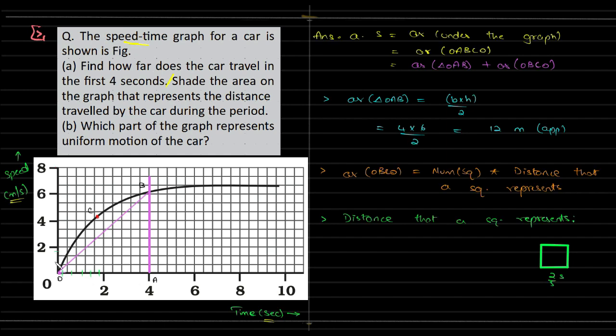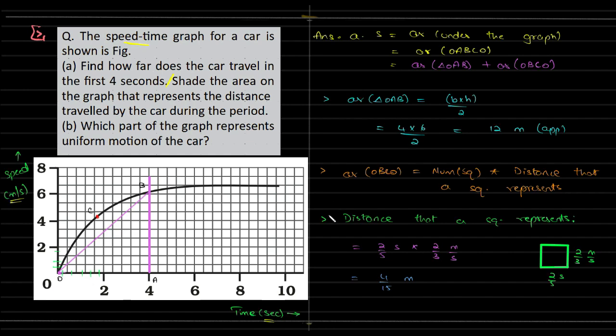And along the y-axis, there is 1, 2, 3, 2/3 of meter per second. This is what it's representing. So basically, this would be equal to 2/5 of a second into 2/3 of a meter per second. And as a whole, this would be equal to 4/15 meters. So each square is representing 4/15 of a meter. It is not representing 1 meter. Please understand this. It's representing 4/15 of a meter. Right? It is all because of the scale factor. If the scales were different, you would have been representing something else.